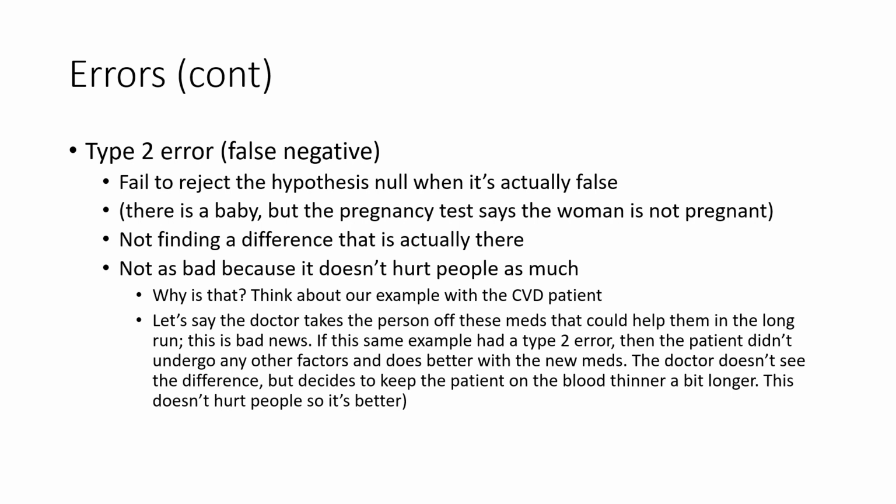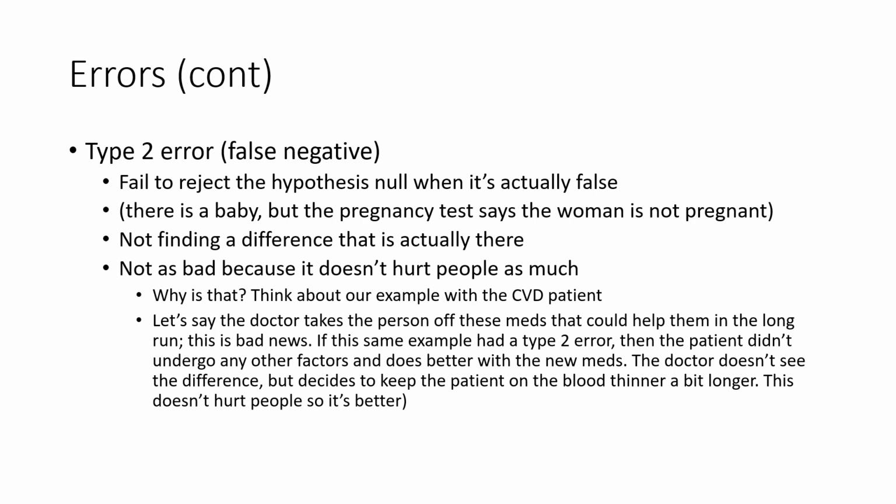There's a great example that our professor gave in the lecture, and one I thought of was going off the heart disease patient again, cardiovascular disease. Let's say the doctor takes the person off the meds that could help them in the long run. That would be type 1, which is obviously bad.